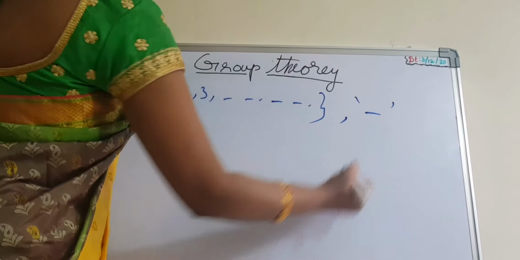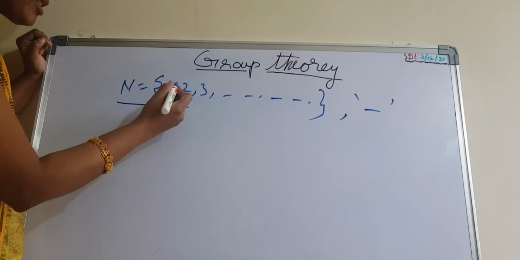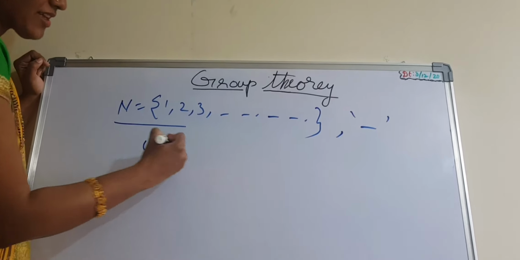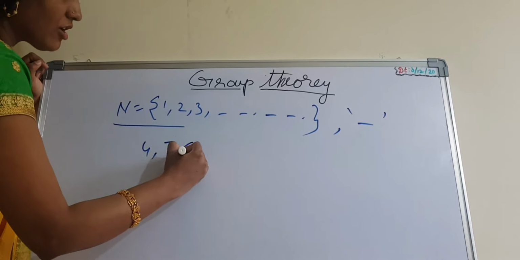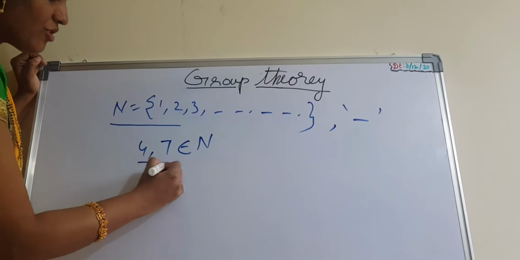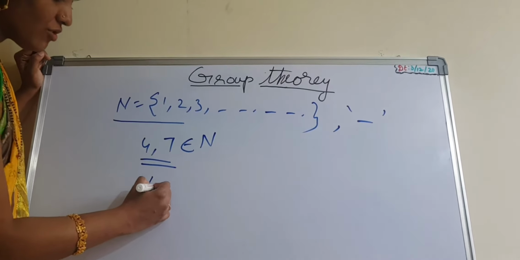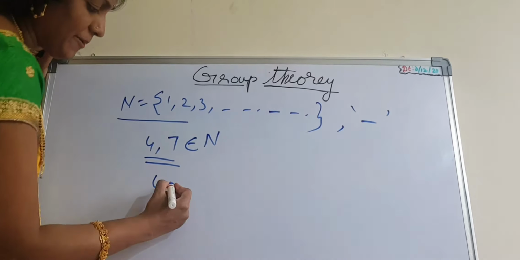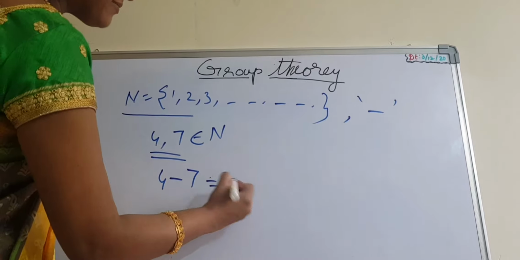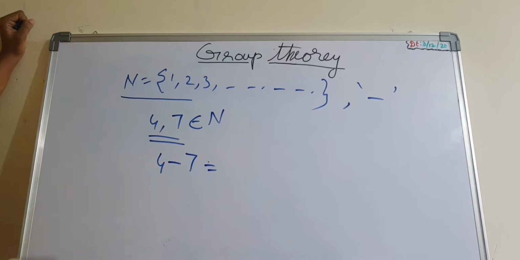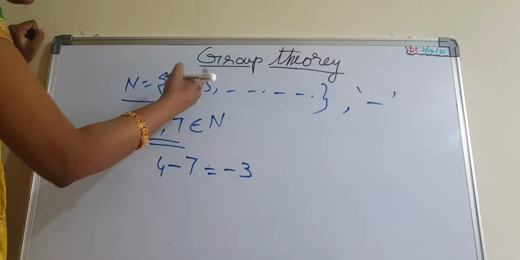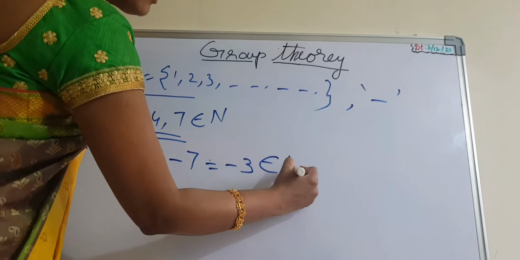I am taking elements 4, 7 belonging to natural numbers. 4 minus 7, what do we get?